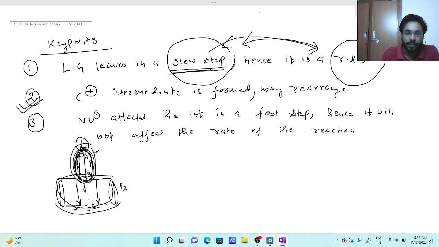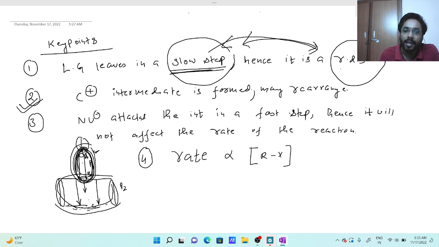The fourth point is somewhat related to rate. After discussing 3 points, we can write the rate expression of the SN1 reaction. Basically, rate is directly proportional to the concentration of alkyl halide only, because the first step was the slowest step, and in the first step only the alkyl halide concentration was taken.